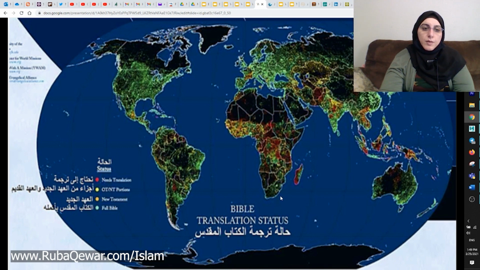The orange means the New Testament has been translated without the Old Testament. And the green means that the whole Bible was translated, the Old Testament and the New Testament. So most of these countries in green, the missionaries have reached them, and of course they have translated the whole Bible.